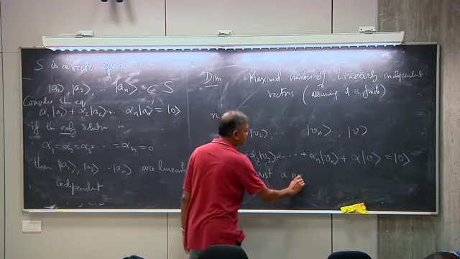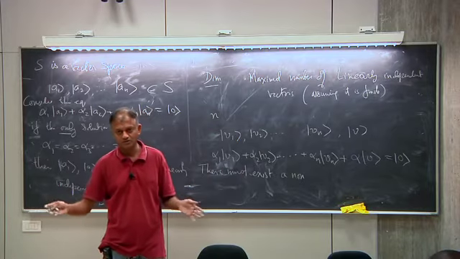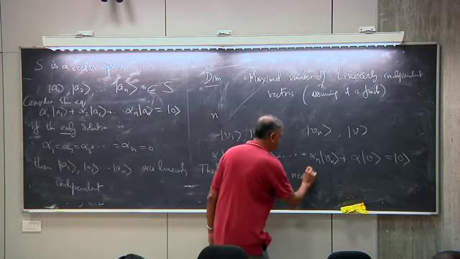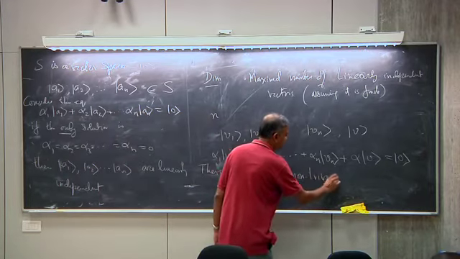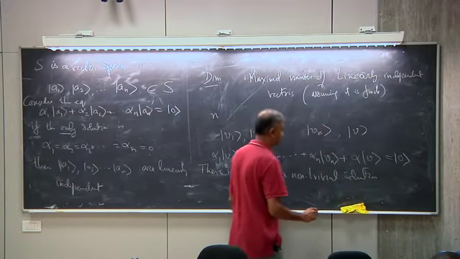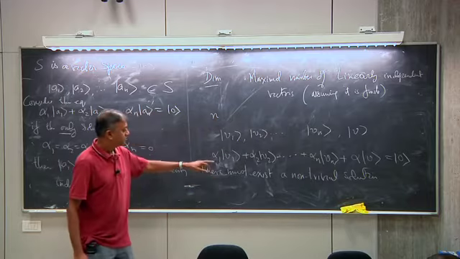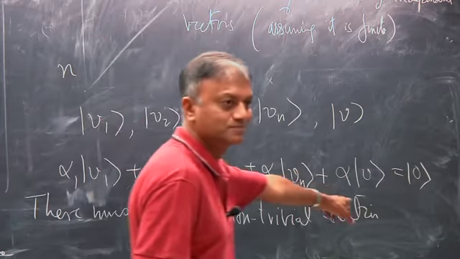When I say non-trivial, it means not all 0. Trivial means when everything is 0. So there exists a non-trivial solution to this equation for alpha 1, alpha 2, and so on, which means there exists a solution where not all of them are 0.